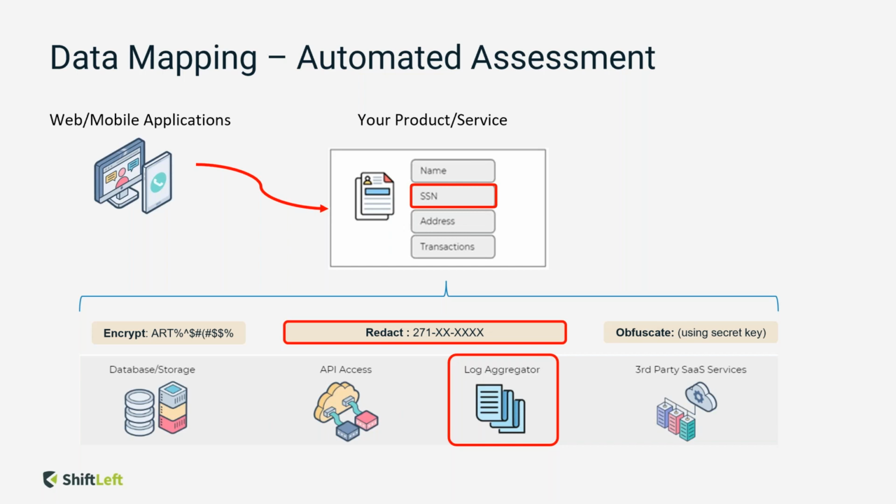When you are assessing, as part of your test cycles or quality assurance, you need to ensure that this flow gets triggered, and that these redactions are happening. And this is one flow.